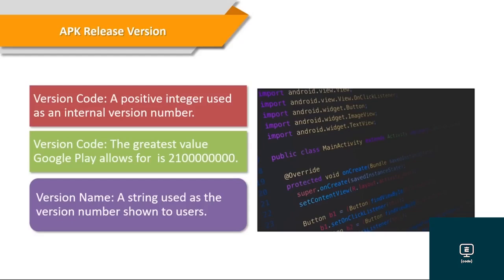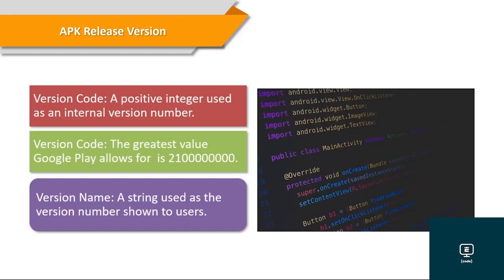Version name is a string value that we will show to the users. When you update your application, users will see this value and they will know which version of the application they will be using. For example, the first time you published it, you define it as version 1.0. And when you update your application, you can define version 2.0.